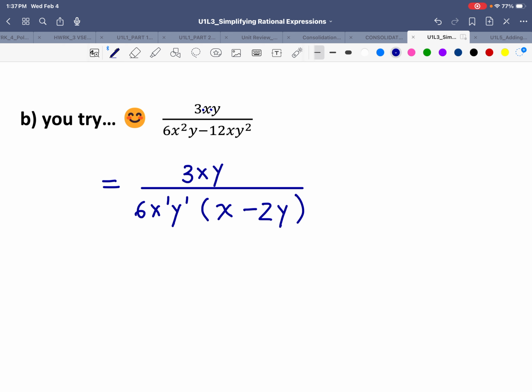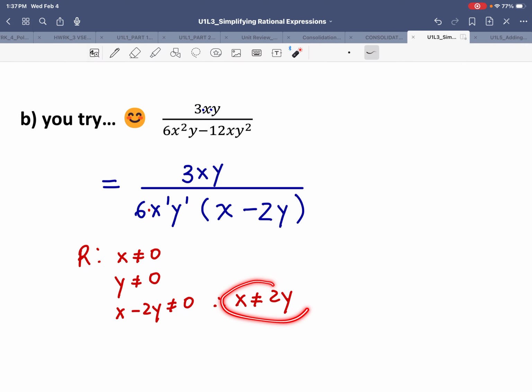And now it's time for us to state the restrictions. So we're going to say that the restrictions are x cannot equal 0, y cannot equal 0, and x minus 2y shouldn't be 0, which means x is different than 2y. So that's one way of stating this particular restriction, x different than 2y.